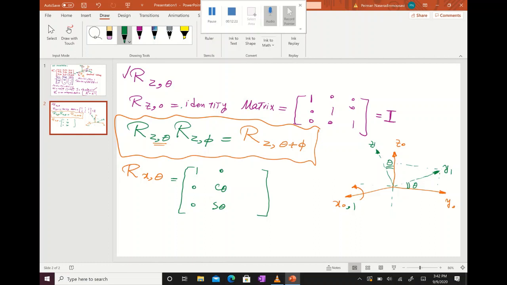Understand? And the z, again, because z is perpendicular to x naught, it's going to be 0 again, and on the y it's going to be minus sine of theta, and on z, how much? Cosine of theta. So you did it. Clear, guys?